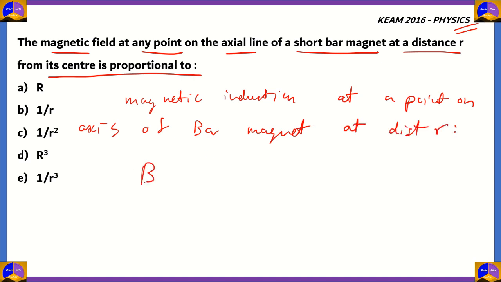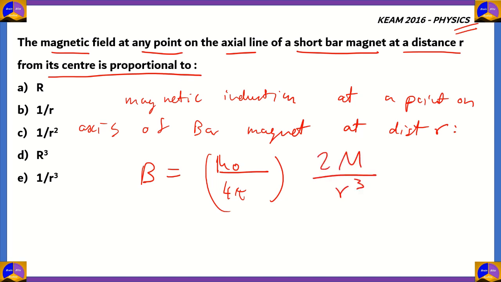So the value here will be B equals mu naught divided by 4 pi, which is the constant here, times 2m divided by r cubed, where m stands for the magnetic dipole moment.